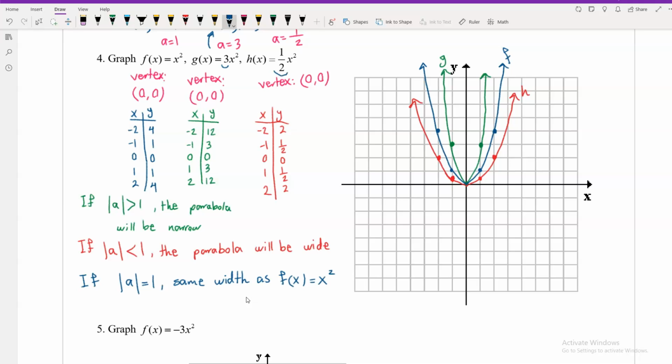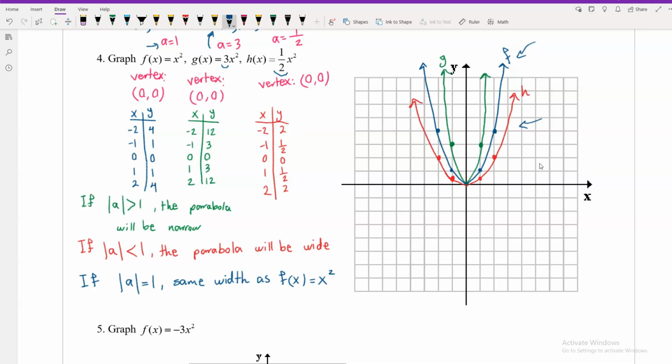So for this one, a is 1/2, and the absolute value of 1/2 is 1/2, and that is less than 1. And this is for h. This is wider compared to all other graphs. And finally, if the absolute value of a equals 1, this is a equal to 1, so the absolute value of 1 is 1. So we're going to have the same width as f(x) = x^2, and this is what we have for f.